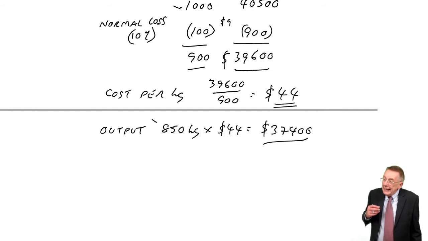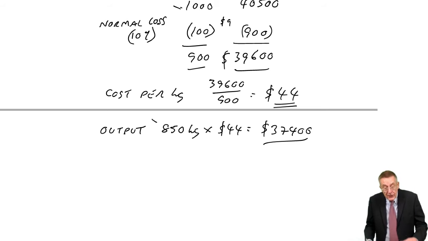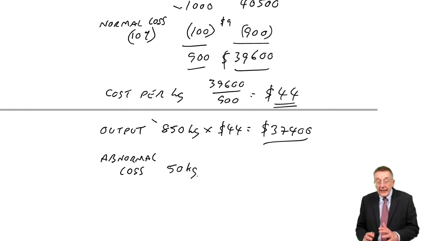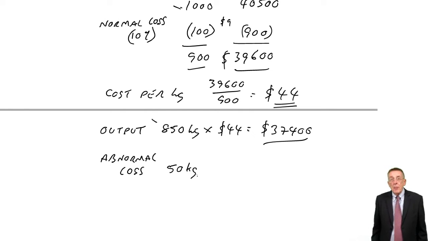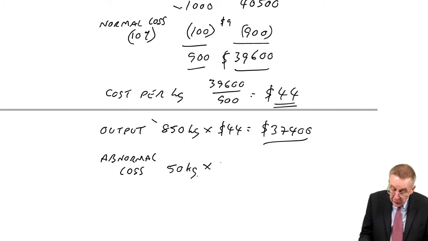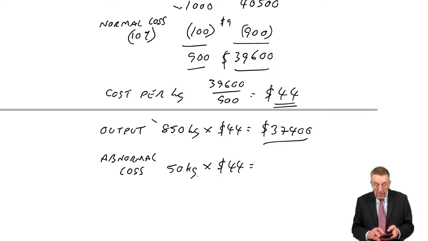That unexpected loss, that extra loss, we call an abnormal loss. That extra 50 kilos. And any abnormal loss we value at full cost per unit of $44.